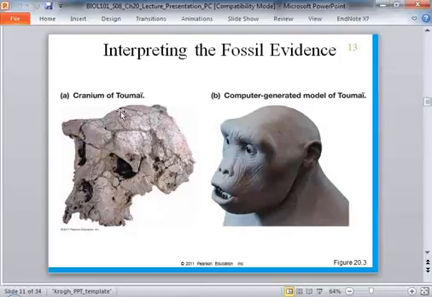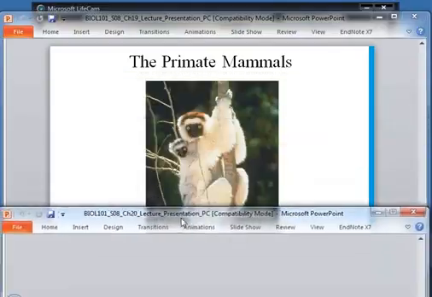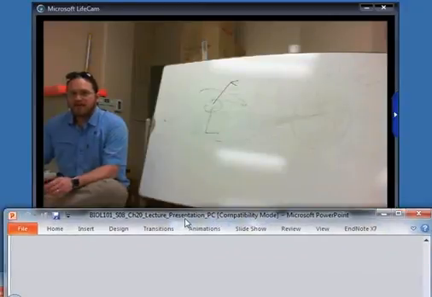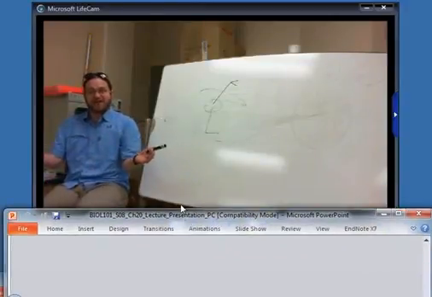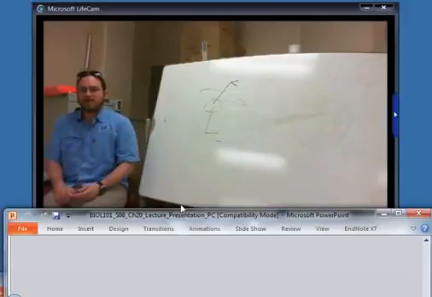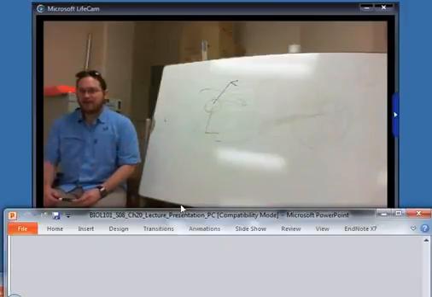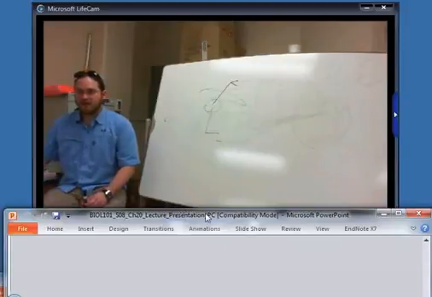You can do that because every marking or surface on a bone is not just random, it has meaning. If you find a large knob or projection on a bone, it's probably because something attached there. So we can do a reasonably good job of reconstructing what an organism may have looked like from just finding its bones.